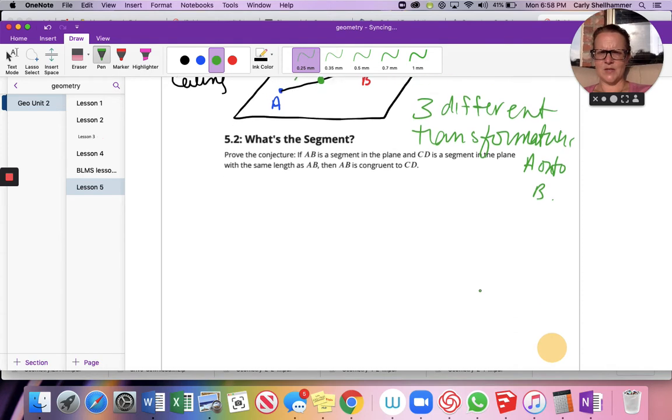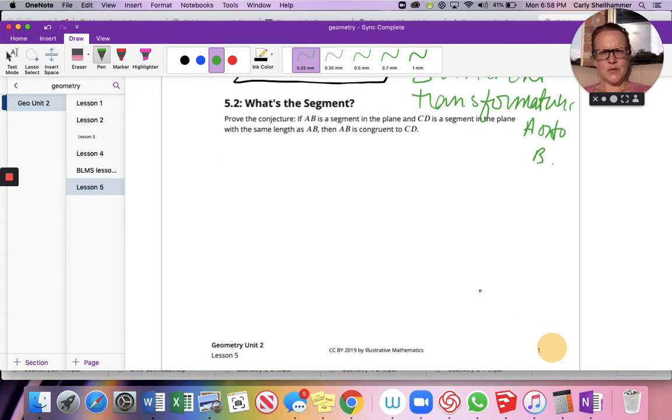All right, so what's the segment? Prove the conjecture. If AB is a segment in the plane and CD is a segment in the plane with the same length as AB, then AB is congruent to CD. Okay, we're going to get into just a little bit of proofs. Proofs are very important in geometry, and we take a decently relaxed look at proofs.